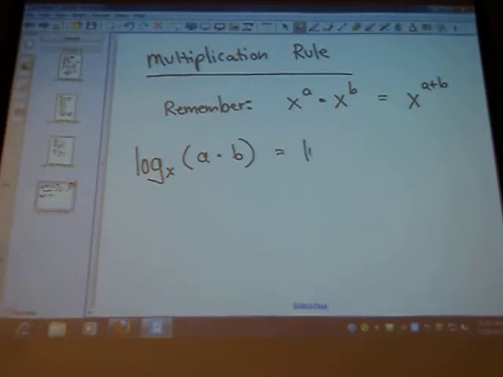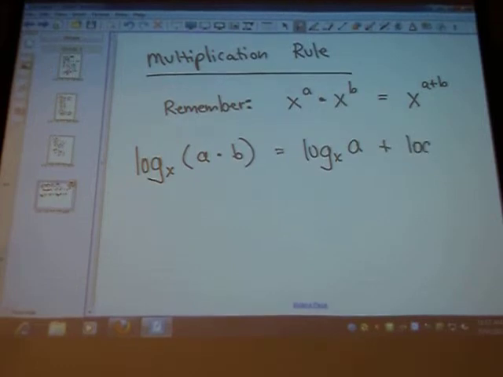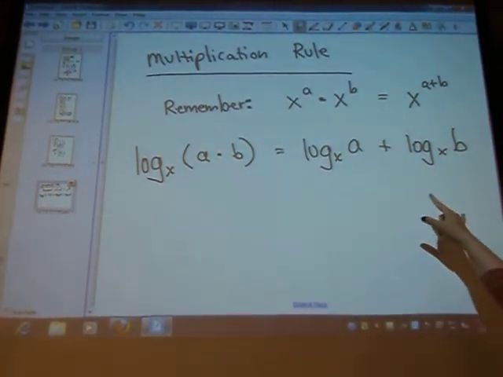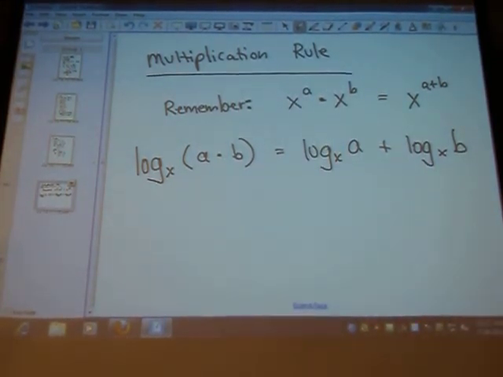So I'll have log base x of a plus log base x of b. Now, do your logs change any when you add them together? You just take the two different things that are multiplied, split them into two different logs with the same base that are added. So basically that's your answer right there.